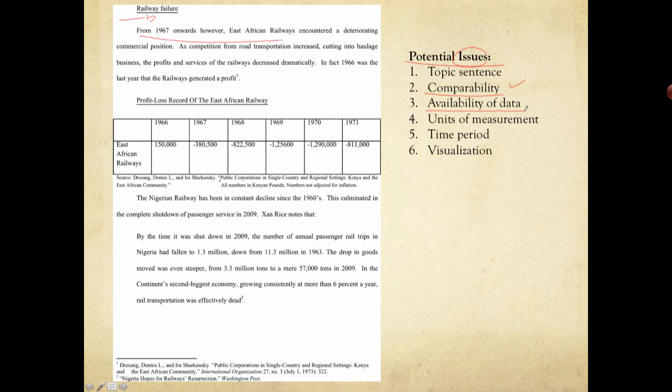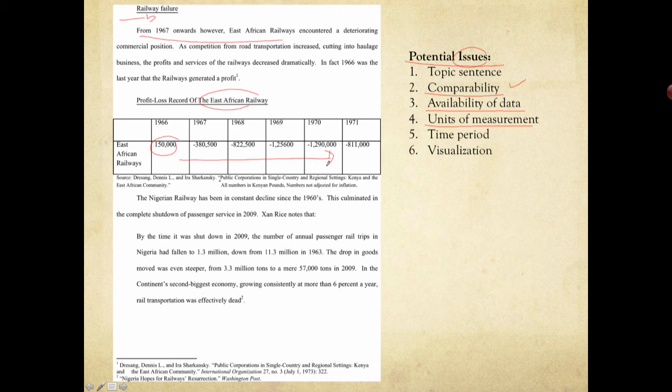The fourth issue is the unit of measurement here. Notice that for the East African Railroad, what we're looking at here is the profitability, right? So here in 1966, it was profitable, and then the deficit increased over time. So the unit of measurement here is an interval. It's numerical.